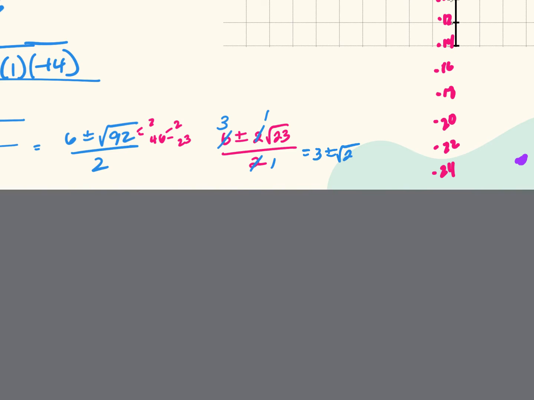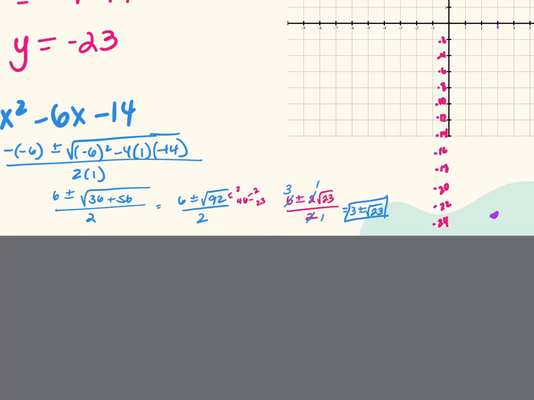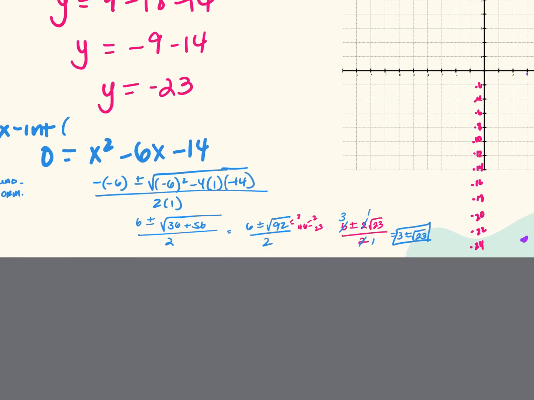So those would be my x-intercepts: 3 minus square root 23, 0, and 3 plus square root 23, 0. How do I graph those? Good.